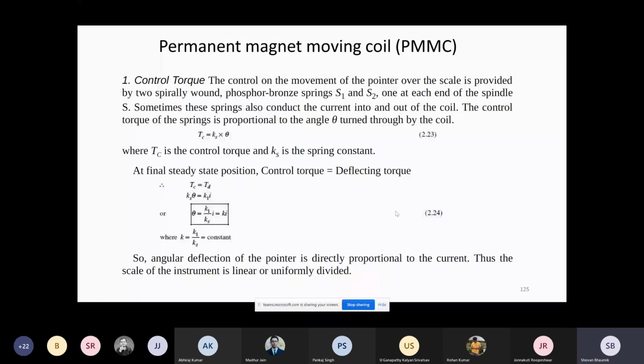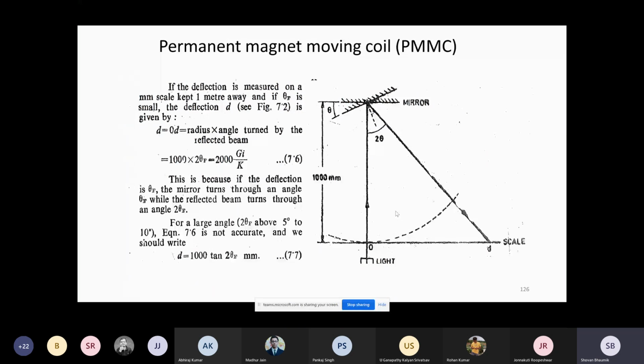And we have calculated the deflection theta, which we will get from the PMMC instruments. And if it is not the pointer, if it is the light ray which gets deflected on the screen or on the scale mounted 1 meter away from the wall where the galvanometer is mounted, you will get this type of deflection.